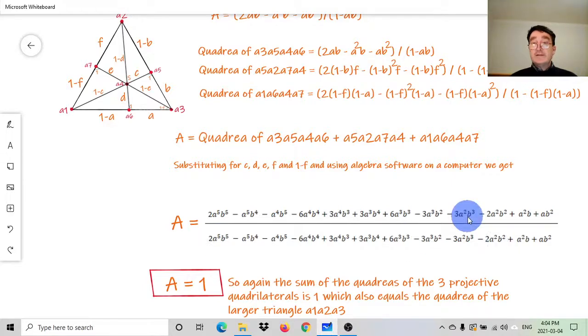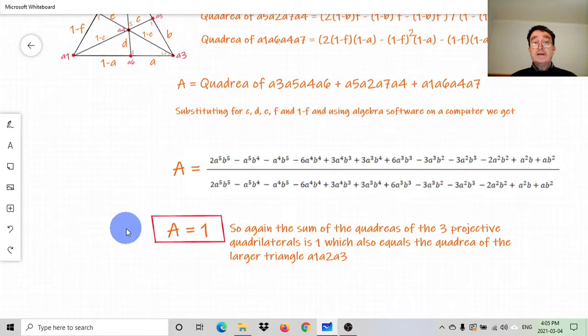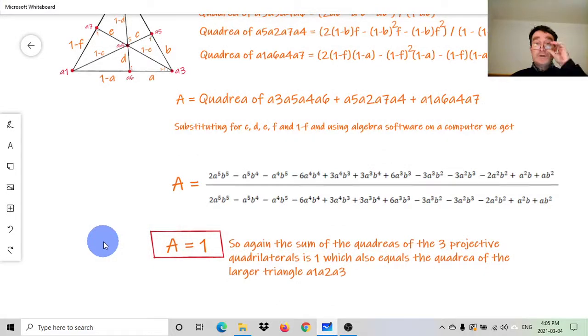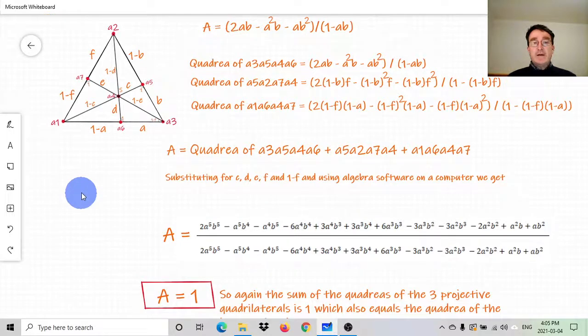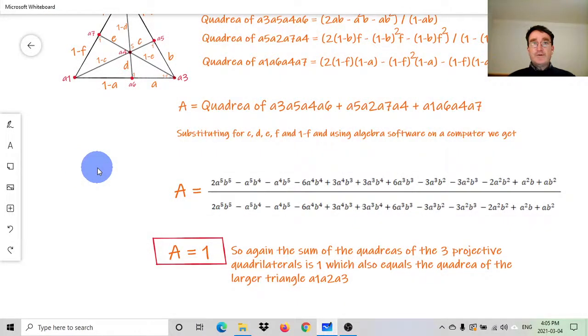And we see that the numerator and denominator are equal. So again, the quadria is equal to 1 when we sum up the 3 quadrias of the projective quadrilaterals, and that is equal to the quadria of the triangle A1, A2, A3. Okay, so that's it for part 2.